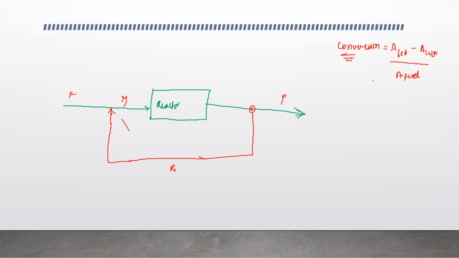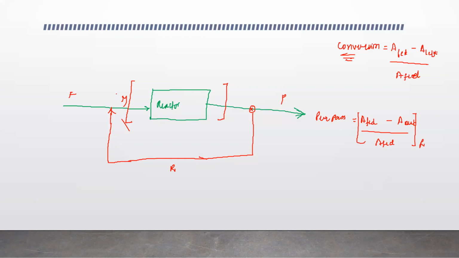Now over here it's the same, but it is divided into two parts. The first type is per pass conversion. Per pass conversion considers A fed to the reactor and A coming out of the reactor: A fed to the reactor minus A coming out of the reactor upon A fed. This is only for the reactor.